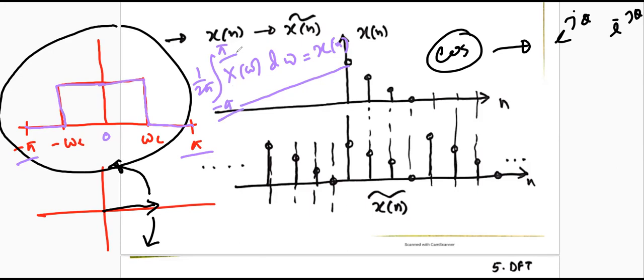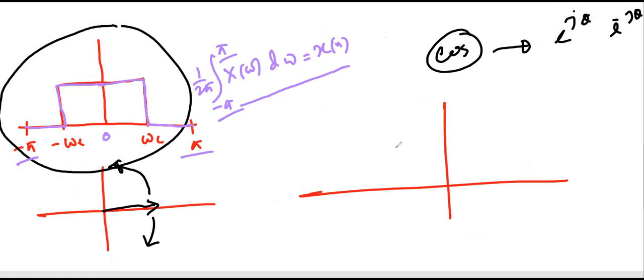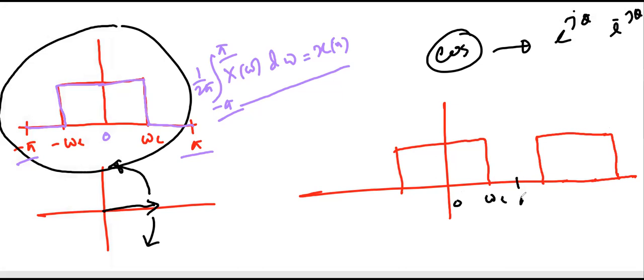Similarly, for the same example, since they are repeating, we can do the following. In the next semester, we'll see this more clearly. Let me choose another color. This is 0, this is omega c, let's say this is pi, and this is twice pi, and this is minus omega c, this is minus pi.